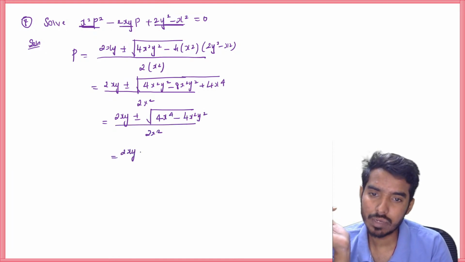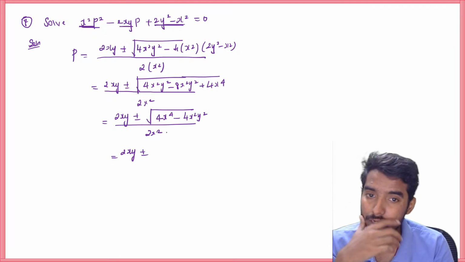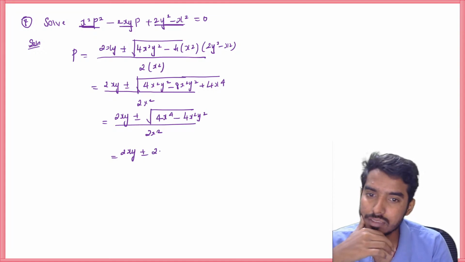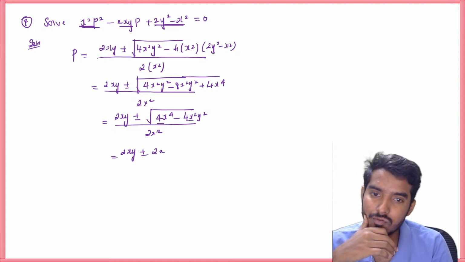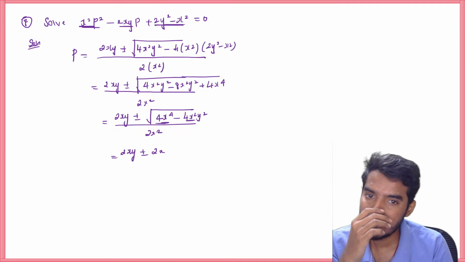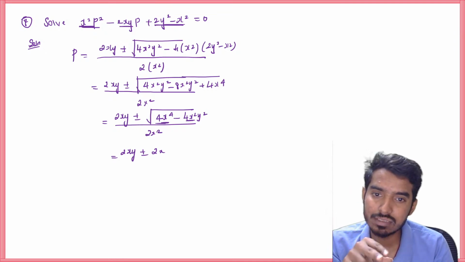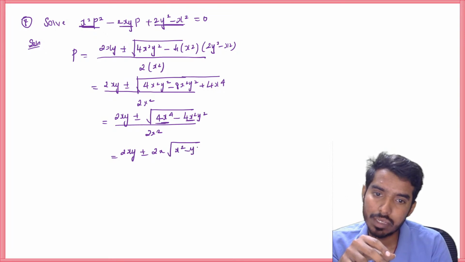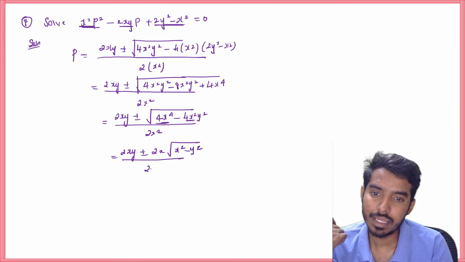Then we have 2xy plus or minus, I can take 2x outside, right? This I can take 4x square common. If we take 4x square common, here we have one x square, here we have one y square, divided by 2x square. So 2x, x, and this 2x will get cancelled. So we have x here.